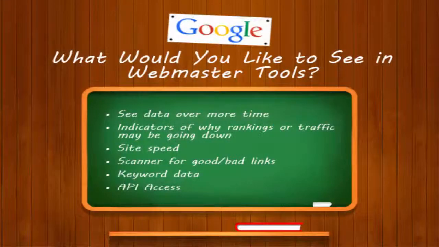Or same thing, you have links that need to be looked at, and here's a couple examples. So I know there's always this concern about how much data they give, and they're giving away the secret sauce, but at the same time, a lot of us out here are just trying to make our websites better for our customer and for, of course, the audience in Google. And so I think Google really could do a better job in Webmaster Tools giving us some advice and tips and recommended actions. So those are my two.